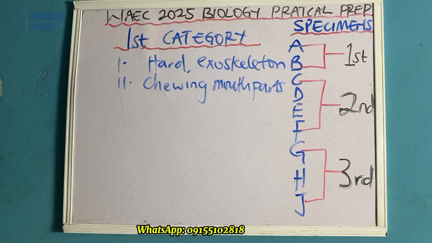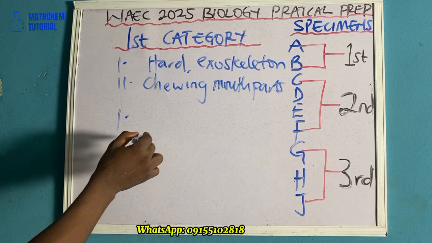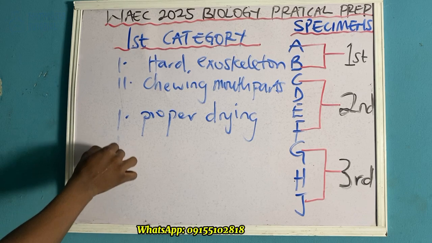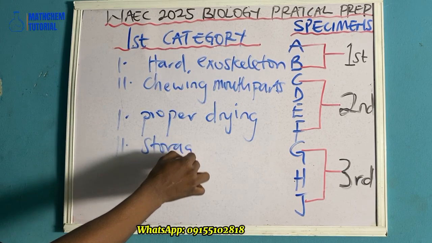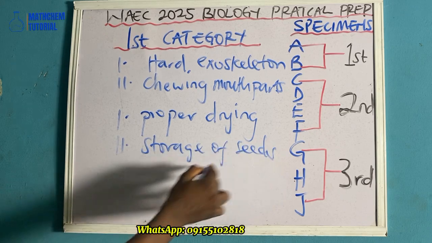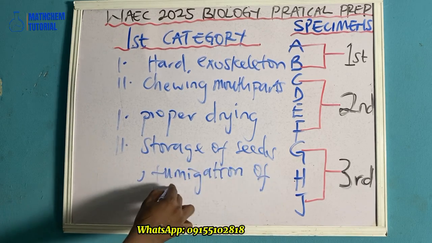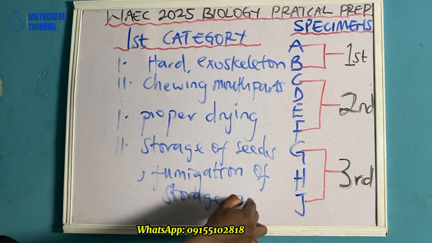Now another question they can ask you from this first category of specimen A and B is to state two preventive measures against damage caused by specimen A. I repeat, state two preventive measures against damage caused by specimen A. Number 1 is proper drying, and number 2 is fumigation of storage areas.